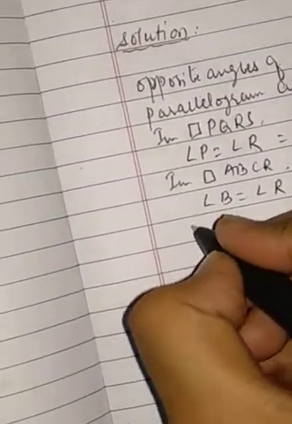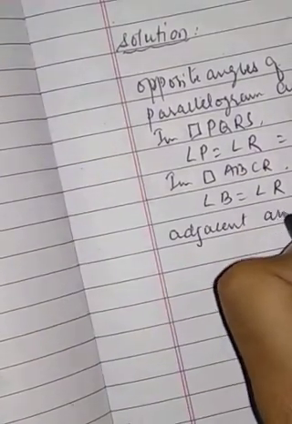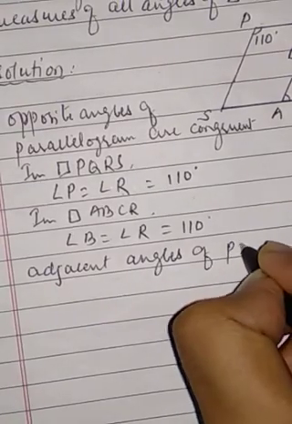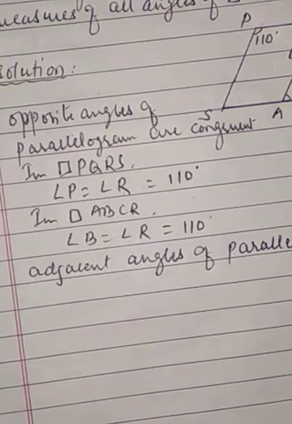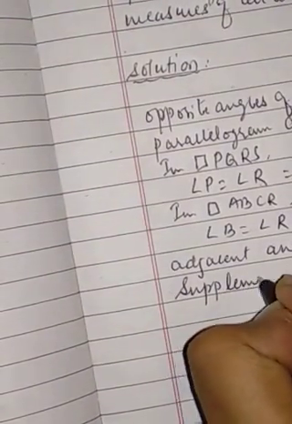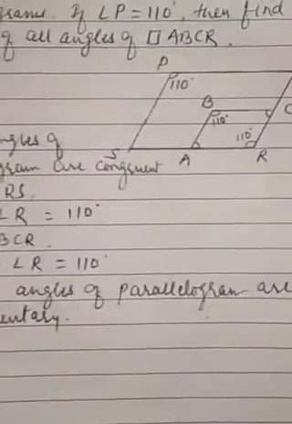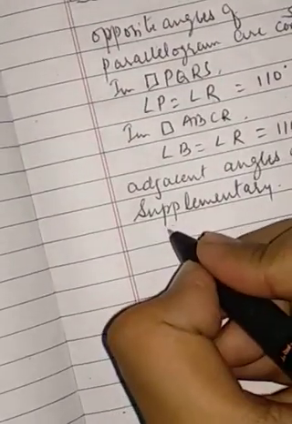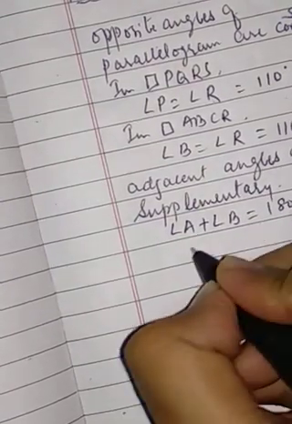Now next you will write here adjacent angles of parallelogram are supplementary. Okay, so adjacent angles are supplementary, that means A plus B is 180 degrees. So angle A plus angle B is 180.